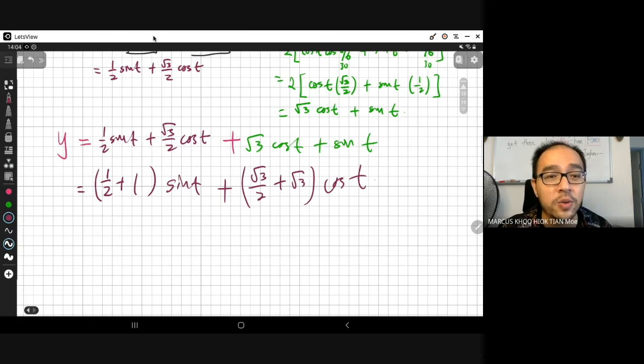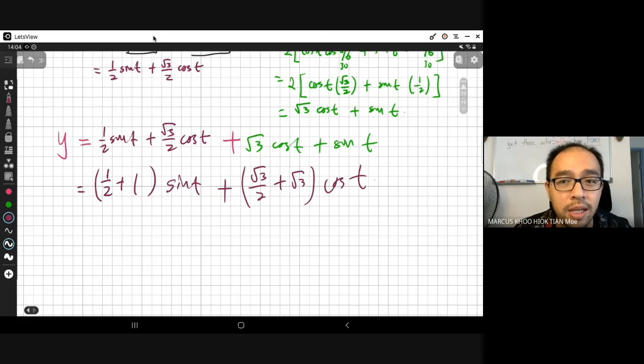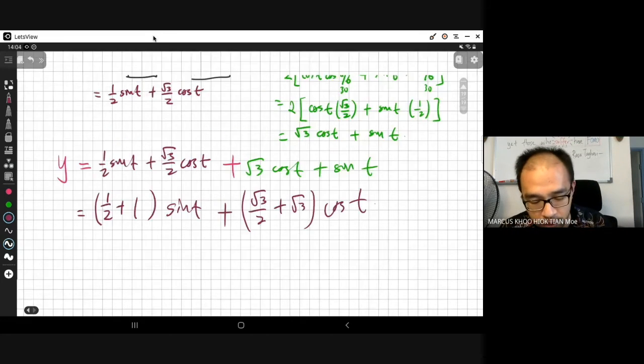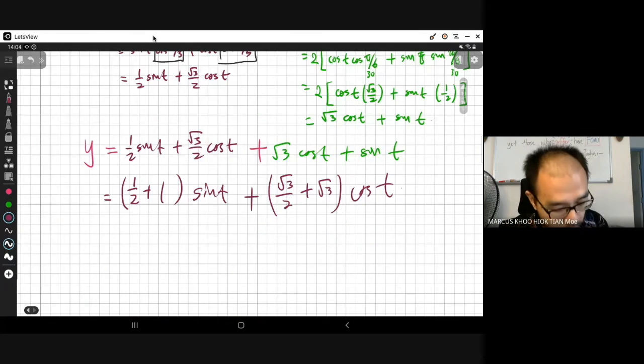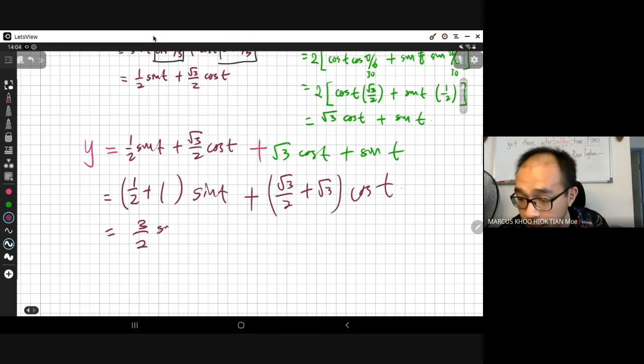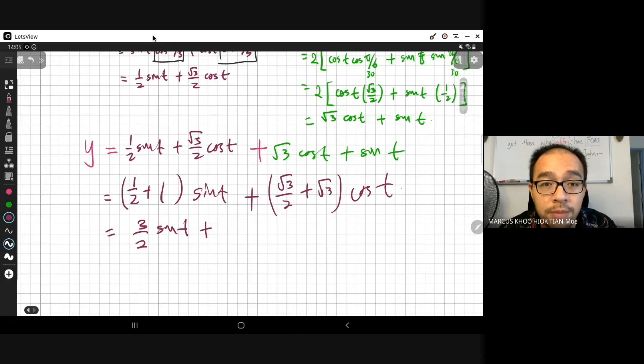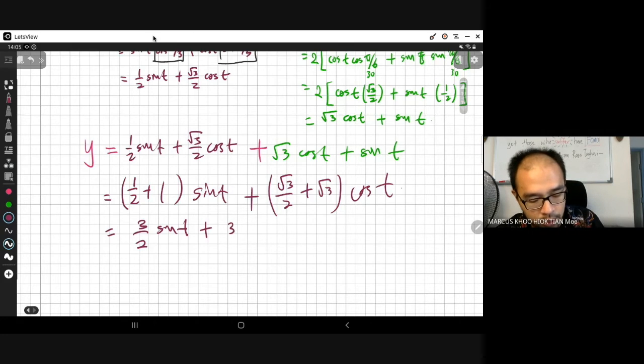Actually, hold on. Let me take a look at this first. This will give us 3 over 2 sin t, plus square root 3 over 2 plus square root 3, which is 3 square root 3 over 2 cos t.